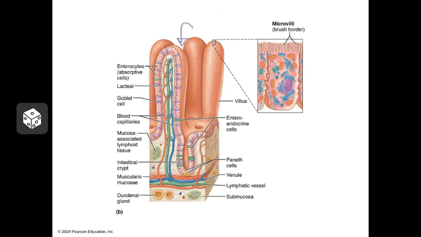In addition to splashing against the microvilli, the segmentation mixes the chyme up with the secretions from the pancreas and the gallbladder. So the enzymes come from the pancreas and the bile comes from the gallbladder. And that also is going to increase the third function, which is digestion. Here we see the final chemical digestion of carbohydrates, proteins, and fats.